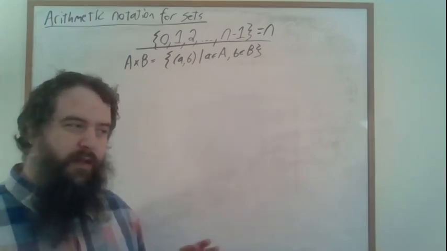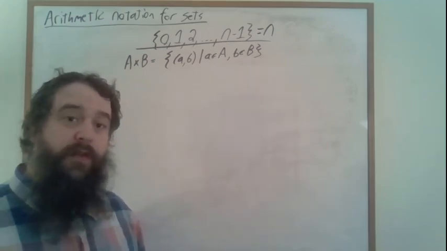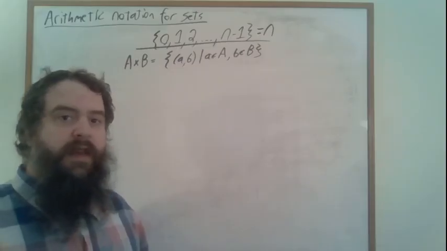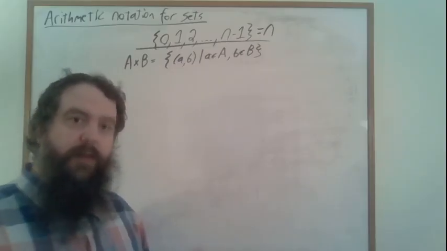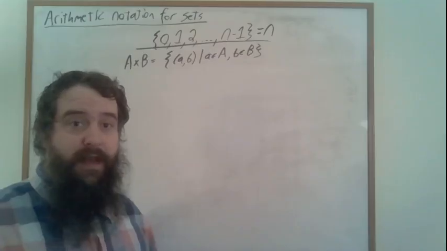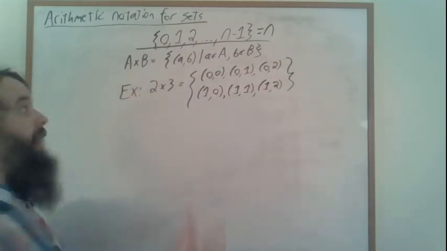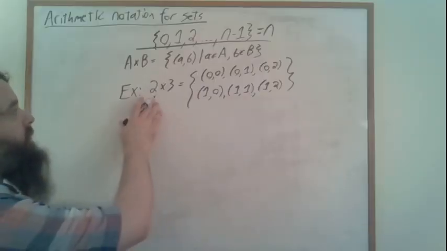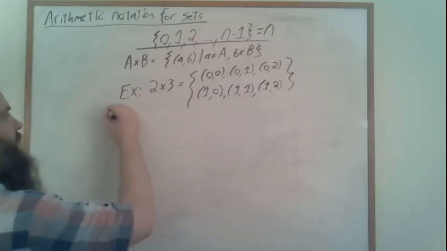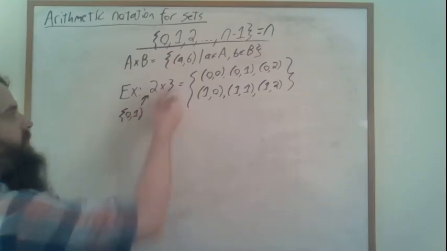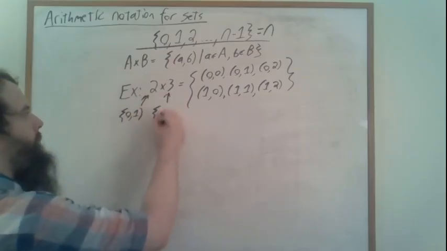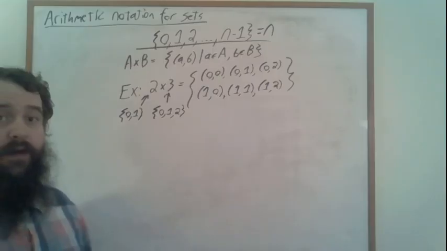Already one of the really basic reasons why we want to use multiplication notation for this is because it multiplies the sizes of sets together. Here I have the cross product of the sets 2 and 3. Remember that 2 is the set 0, 1, and 3 is the set 0, 1, 2.